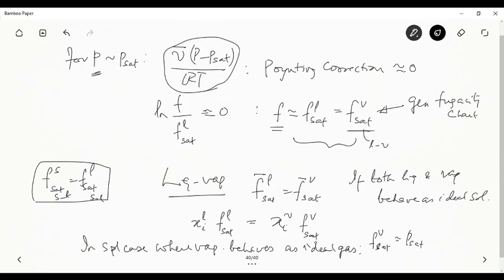So then we can actually use P sat here, and this is the expression that you get.